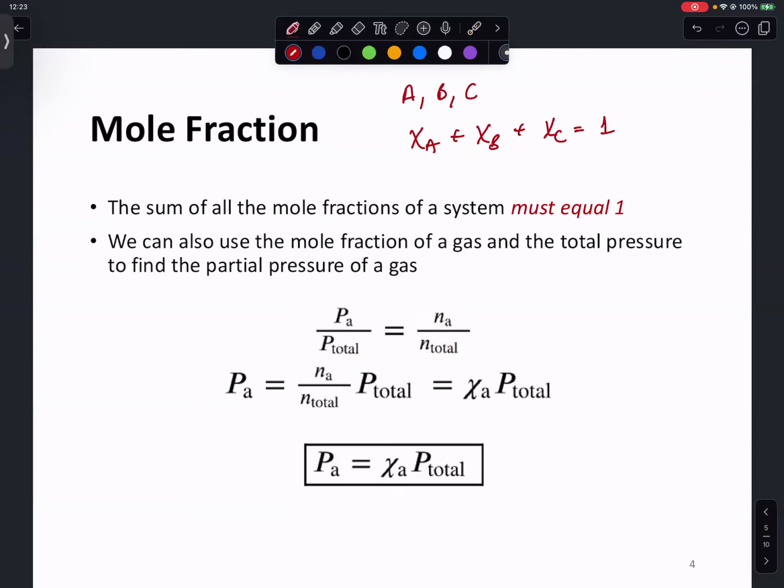If I cross multiply and rearrange this, I can say that if I am given the mole fraction of A and the total pressure, I can solve for the partial pressure of A. So many variations of this problem can be utilized to solve the next problem.